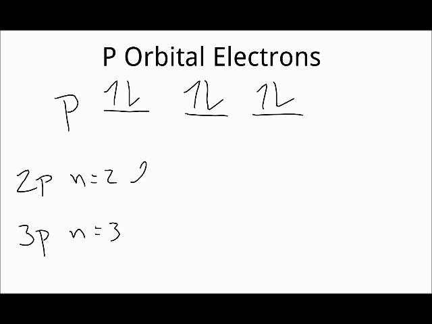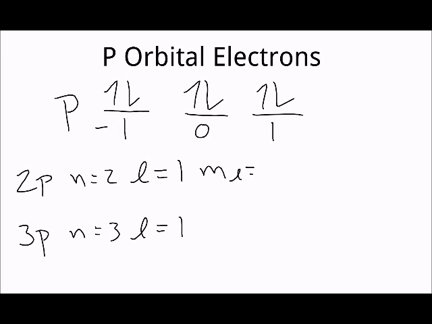Now, the L value when I'm dealing with the p orbital is 1. So my L is equal to 1. And then my M sub L is going to depend on which orbital I'm in. This one would be -1, this one would be 0, and this one would be 1.